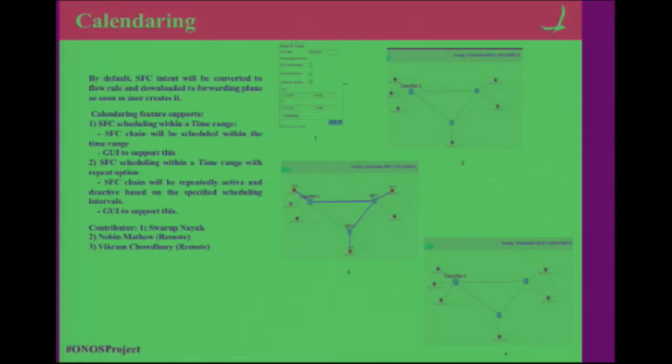So these are the two things we developed. And on the right side, we have some GUI. Here, in the first picture, we configure the calendar and mention the time range. The second one is where the path is not yet scheduled. And the third photo is where the path is scheduled at that time. And again, it has been withdrawn after the time expired. That's it.